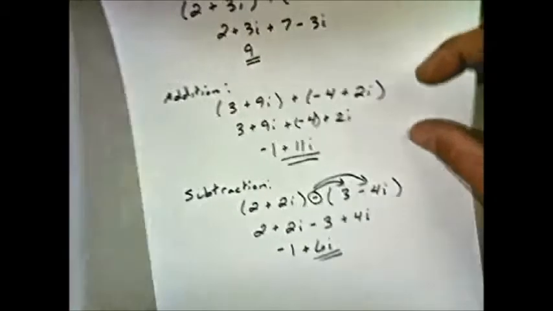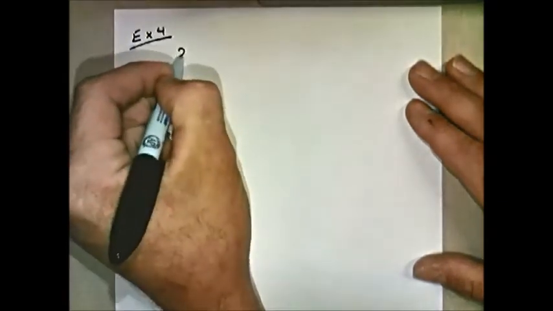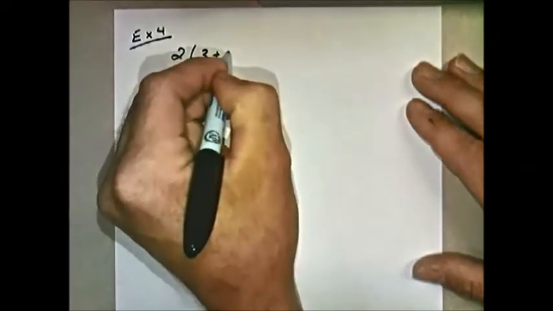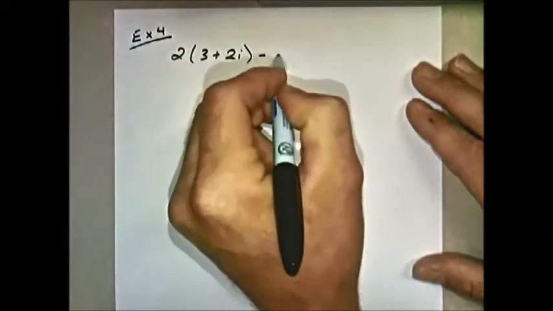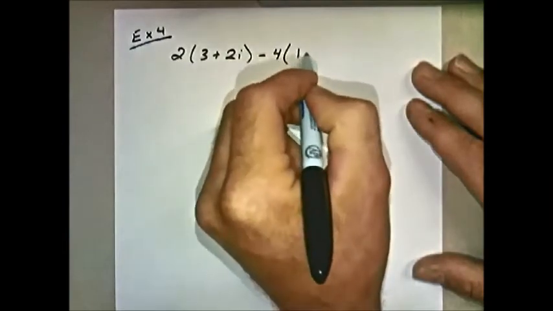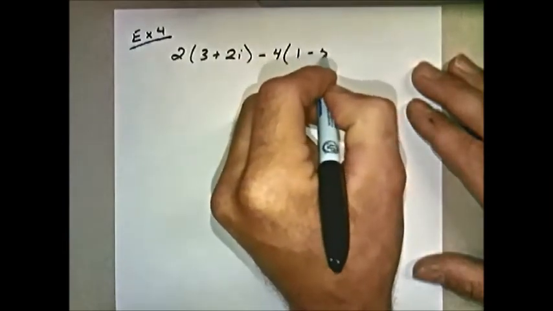We can also place a scalar in front of our quantity. Remember, a scalar is simply a number. So this will be example 4. Let's say I give you 2 times the quantity, 3 plus 2i, minus 4 times the quantity, 1 minus 5i.